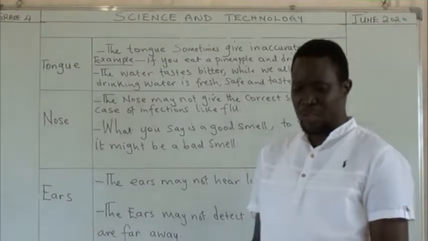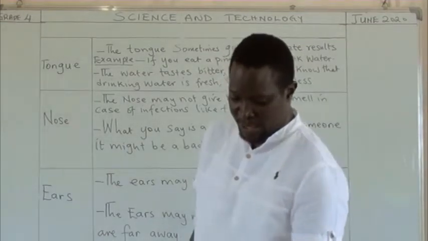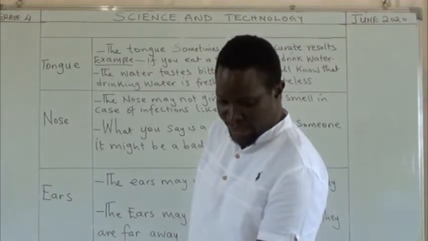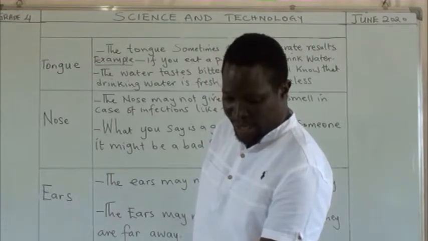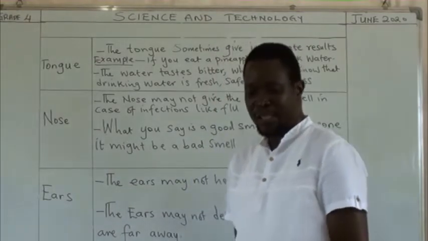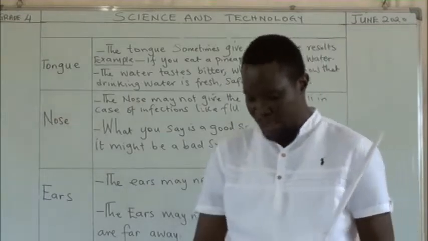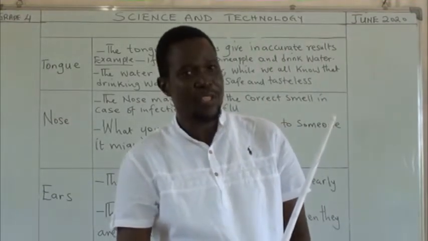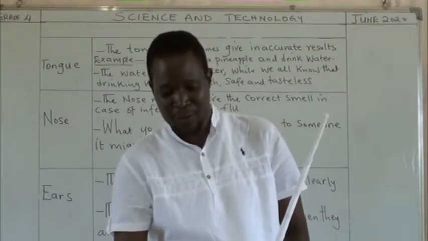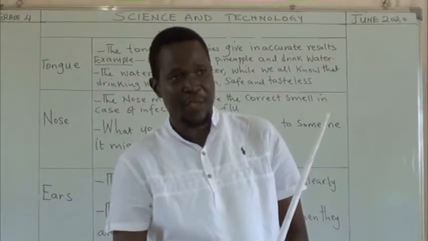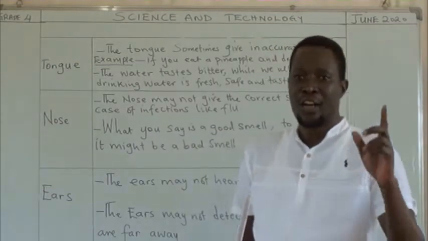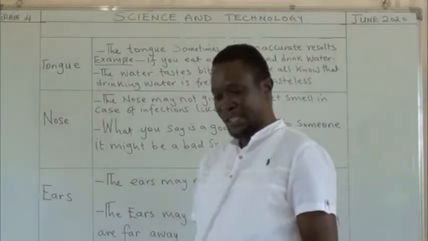We are talking about scientific techniques and processes, where we have started talking about the sensory organs. Last time we said our environment consists of several things, and this means that there is a lot going on in our environment.